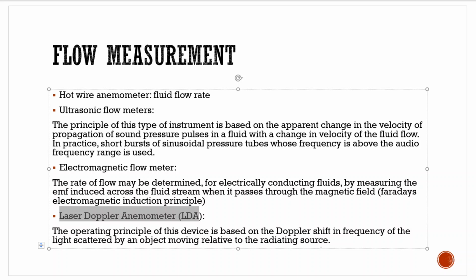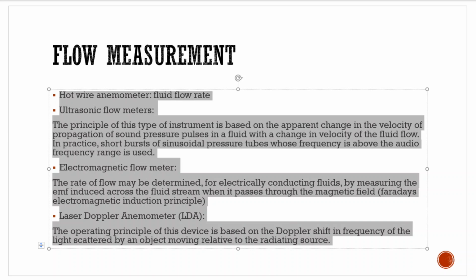So we can measure the changing frequency of this electromagnetic wave, that's actually light here, and that will be proportional to the velocity with which the fluid is moving. So using these different principles, we can measure the flow rate in case of velocity or the flow rate in case of fluids.